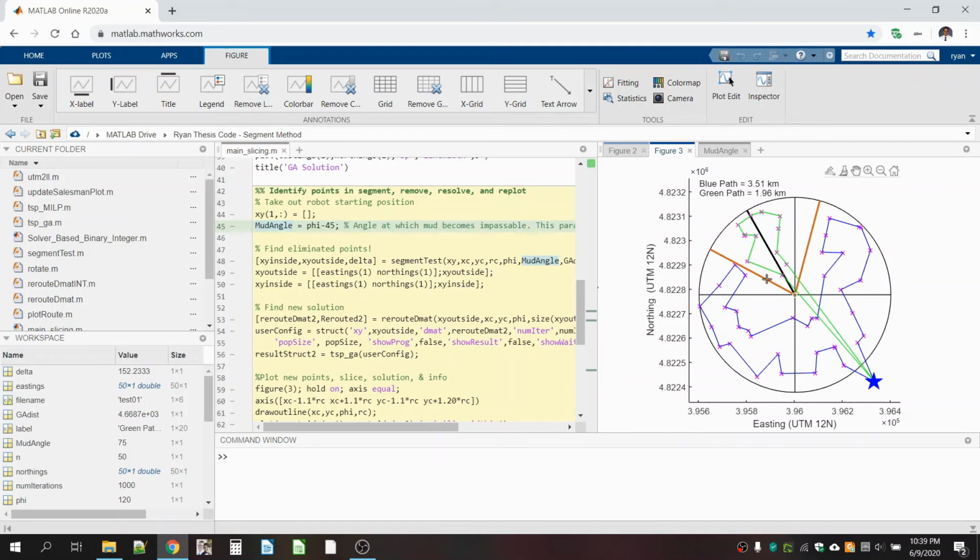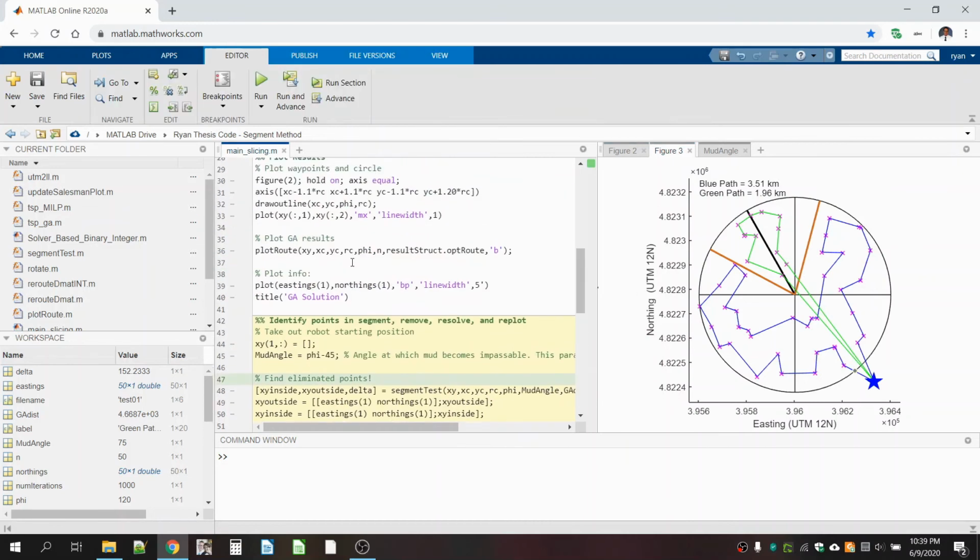And so first you would find the shortest route between all remaining waypoints that aren't inside of this pie slice. And then the robot does its thing, comes back. And then after a predetermined amount of time, through trial and error, you'll know how long it takes for this to dry. Then the robot will go back and using TSP, find the shortest route between all the remaining potato plants. So that's what this code is doing.